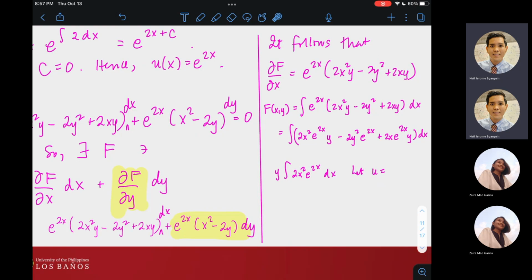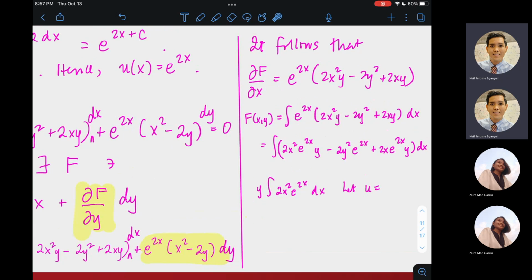Parang nasanay tayo na yung template, yung partial ni f with respect to x ay equal kay m. Pero ngayon, ang problema ko, ang hirap i-integrate yung nakuha ko. Pero wala namang nagsabi na dito dapat tayo nagsisimula palagi. Pwede namang ang gawin ko yung partial ni f with respect to y, gamitin kong equal dito, alright? At doon ako mag-i-integrate para mas makahanap ako ng mas madaling paraan para mahanap natin yung ansatz para kay capital F. Alright?